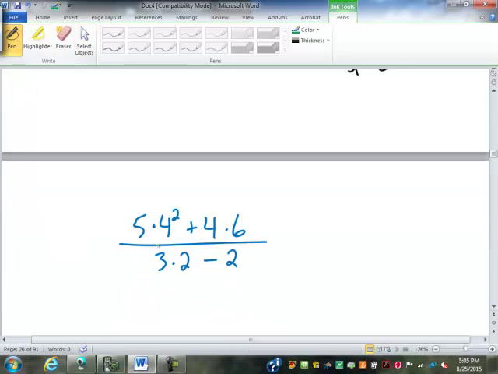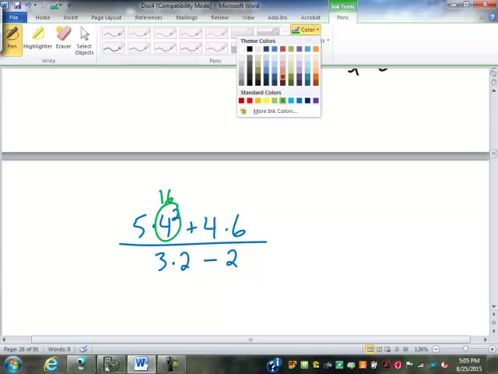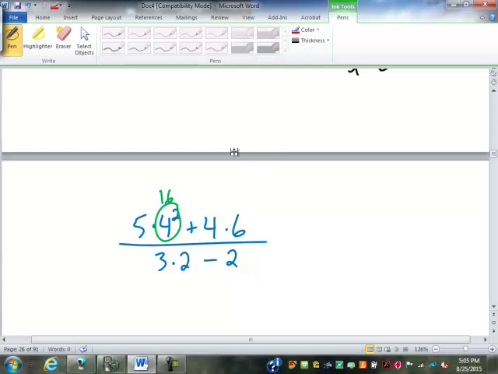And we have an exponent, 4 squared, which is going to be 16. Okay, what do we do next? 5 times 16 is 80. And then 4 times 6 is 24. And then? 3 times 2. Careful. 6. We still got to do the 80 plus 24 is 104.